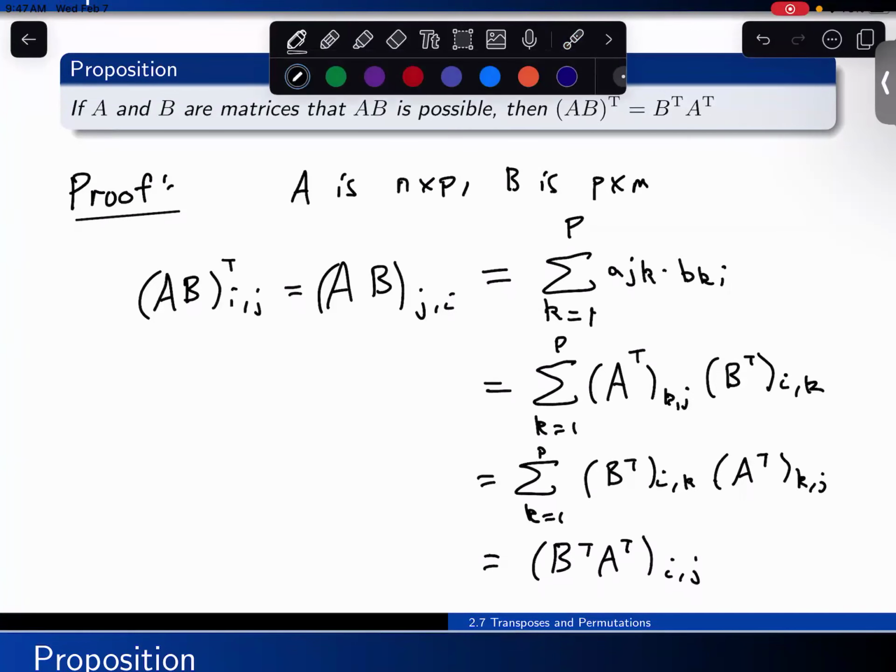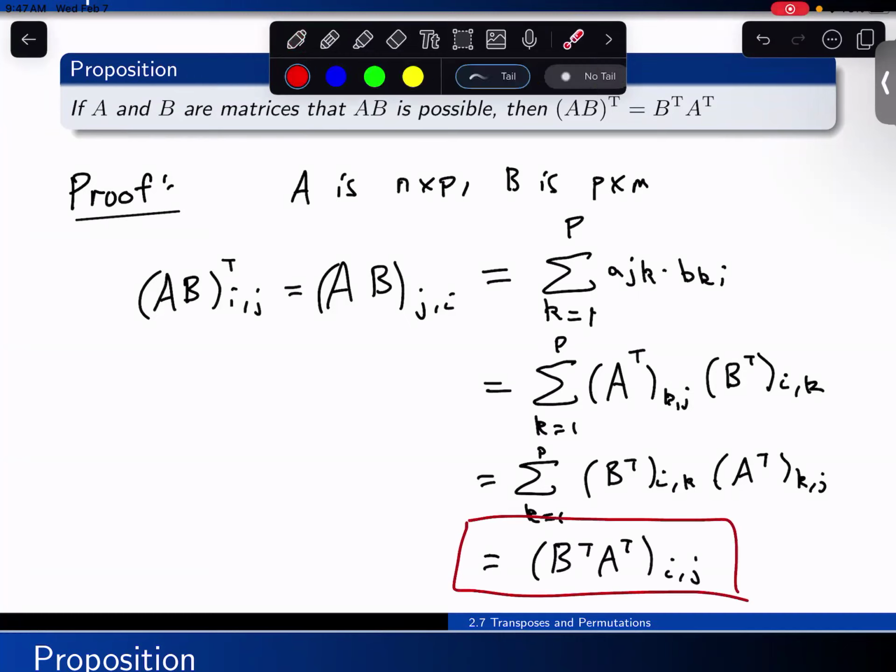And I understand it's kind of a jump in difficulty, but this is how you would see that the transpose of A times B ends up being equal to the transpose of B times the transpose of A.